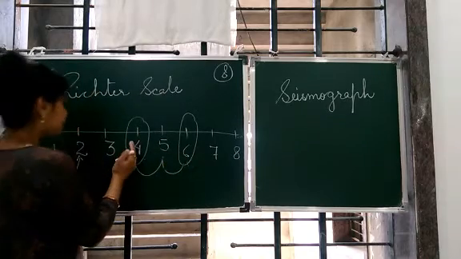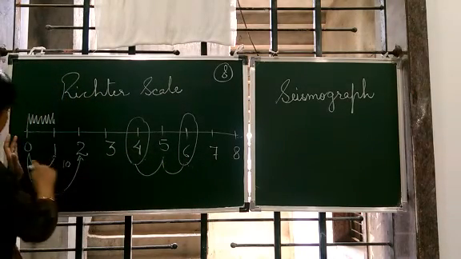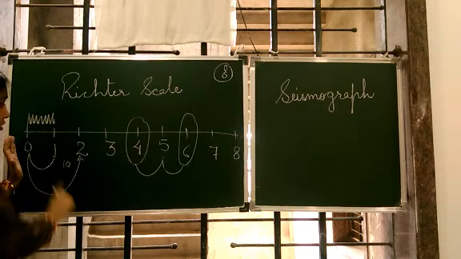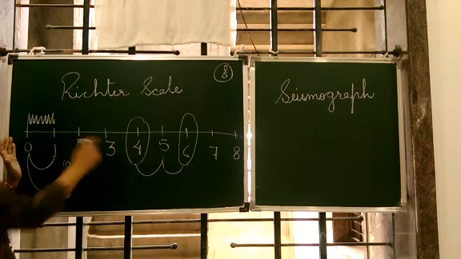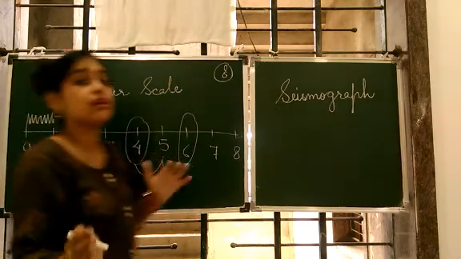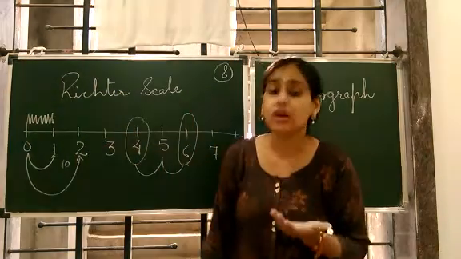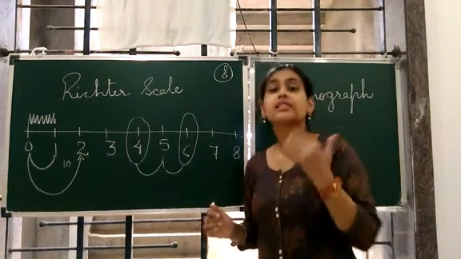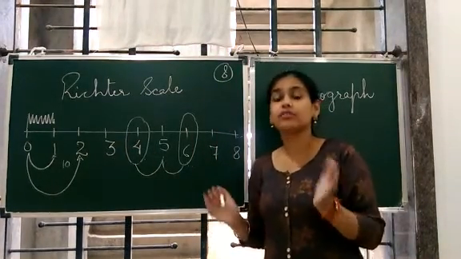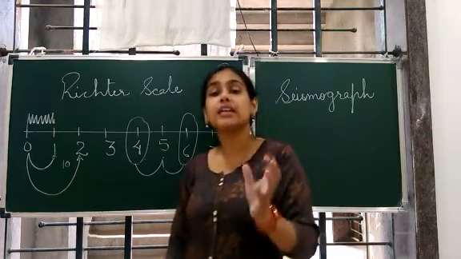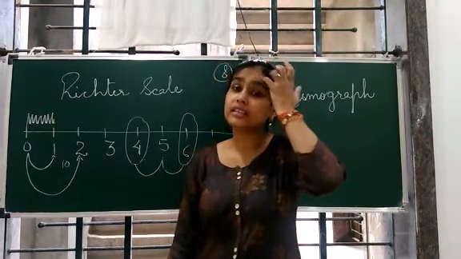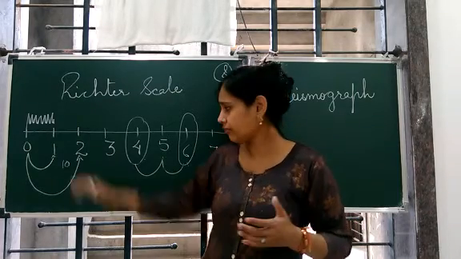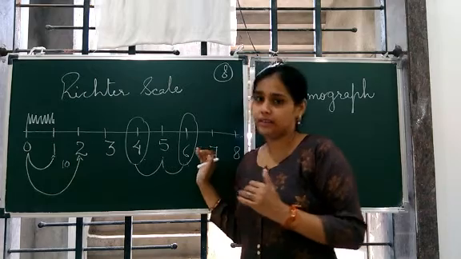Or how much more destructive than 1? 10 into 10 into 10, that is 1, 2, 3, 4 zeros. That is 10,000 times stronger. So as the reading increases, the magnitude of the earthquake increases 10 times. That is, the earthquake is 10 times more destructive. Clear?